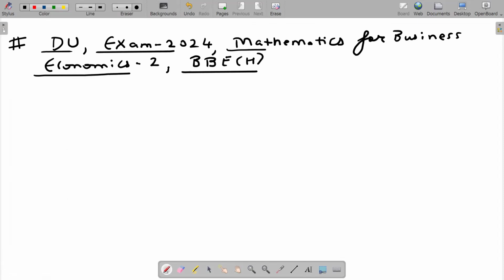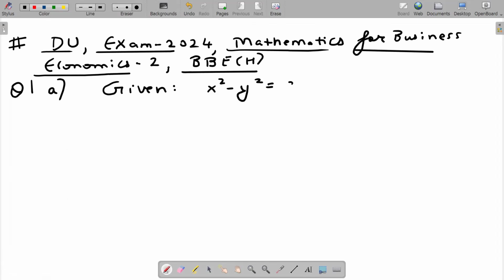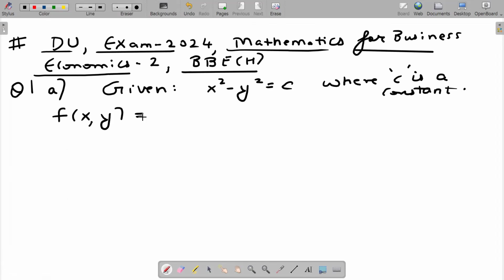We are looking at question number 1 only in this particular lecture, part A. We are given that x square minus y square is equal to c, where c is a constant. And we are also given that the function is f of xy equals e to the power x square, e to the power minus y square plus x to the power 4 minus 2x square y square plus y to the power 4.